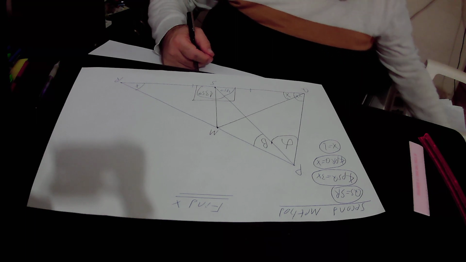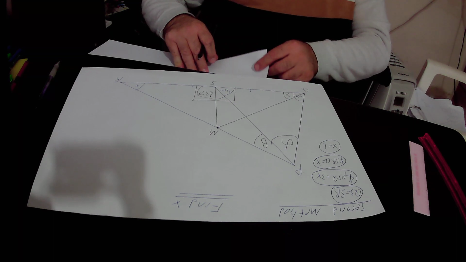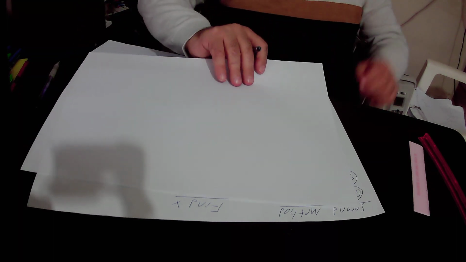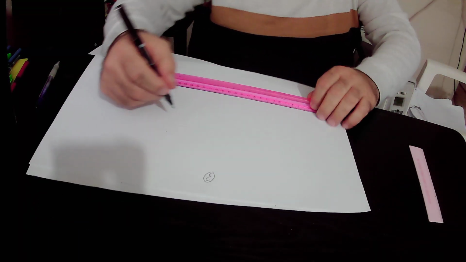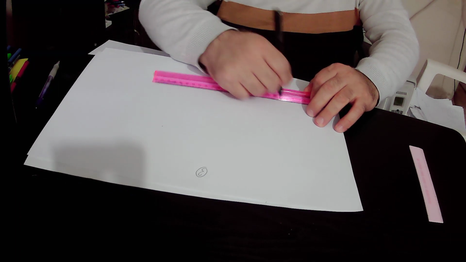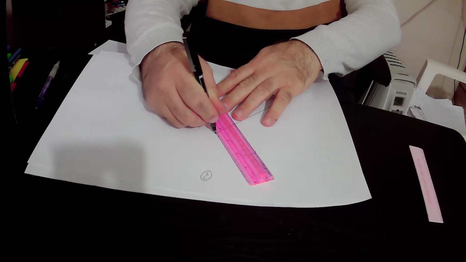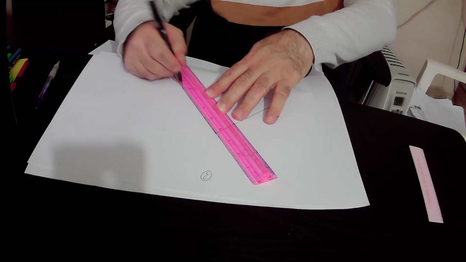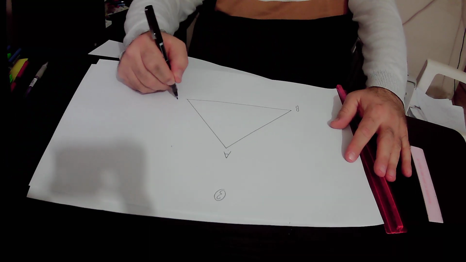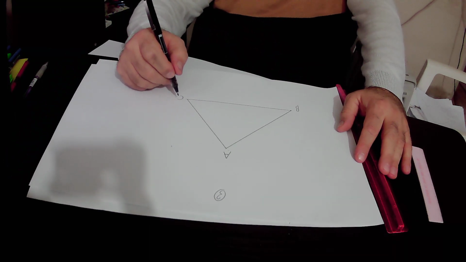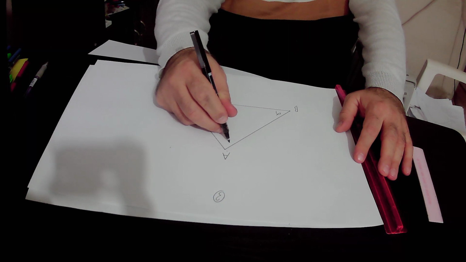The meaning of rule number 4 is that if we have triangle ABC, that could be any triangle, this is triangle ABC, and we know that the interior angles of triangle ABC are alpha, beta, and gamma.